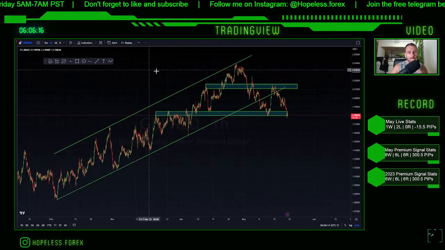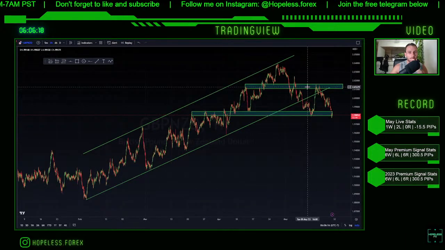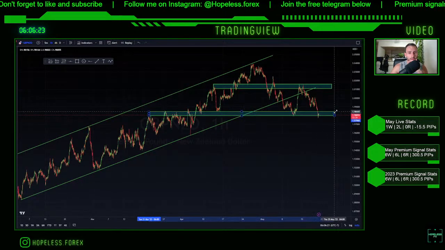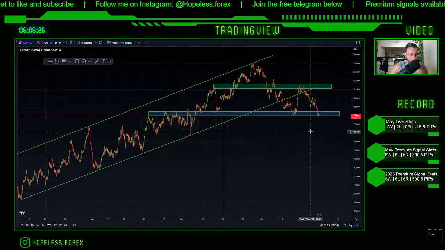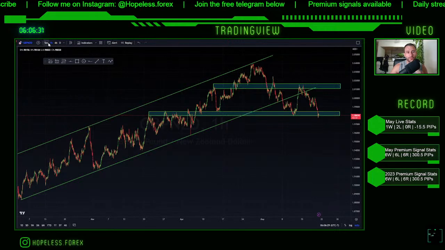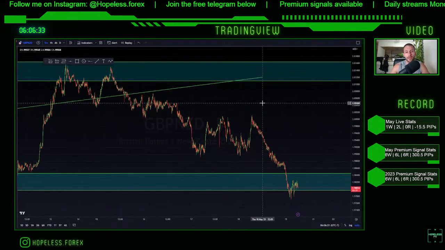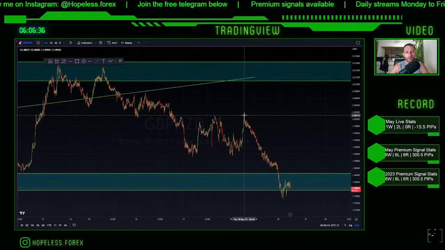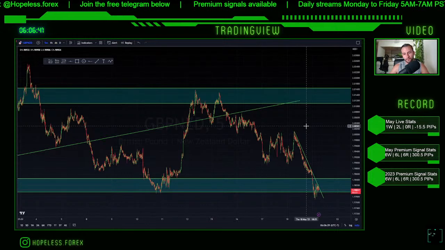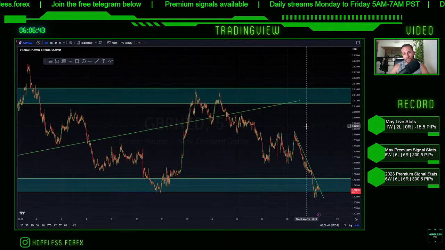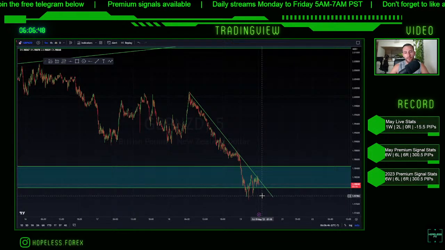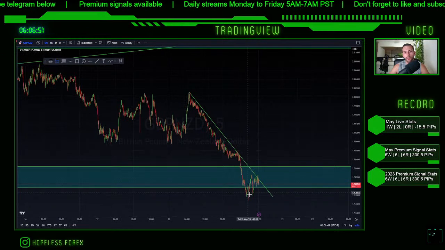GBPNZD. Prices come back down to this level of support. Maybe an opportunity. No, there's not much opportunity here. Maybe part of me wants to sell a breakout down here.